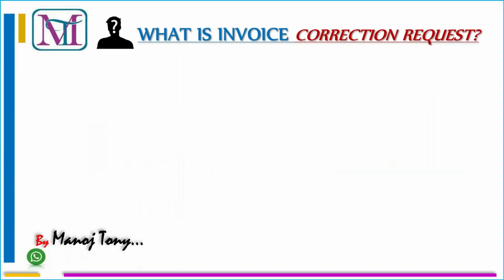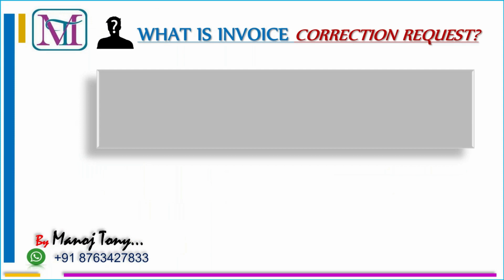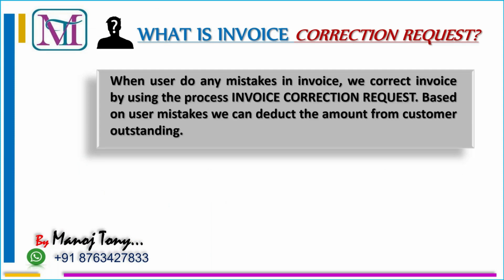For that, I'll explain two real-time scenarios. First, we have to understand what an invoice correction request is. When a user makes any mistake in an invoice, we correct the invoice by using the invoice correction request process. Based on the user's mistake, we can deduct the amount from the customer outstanding. The invoice correction request process is: invoice correction request sales order RK, then invoice RK, then invoice billing.